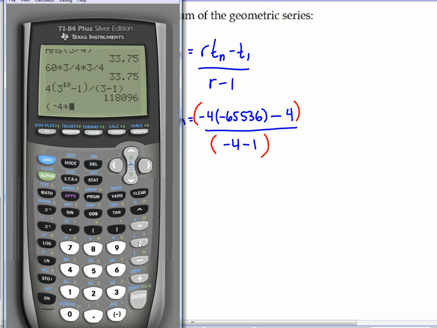So times 6, and then take away 4, divided by bracket. Now some of you actually have a feature on your calculators, if you have an updated calculator and the software is updated, which I will let you know if I haven't told you, you can update your software on your calculators by plugging it in and going to the TI website. There is a way for some of you to actually make that fraction.